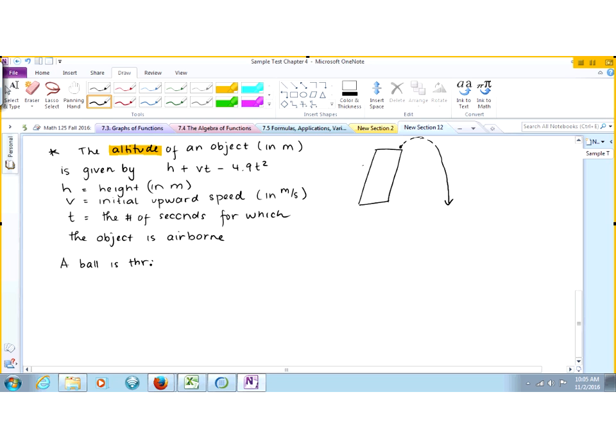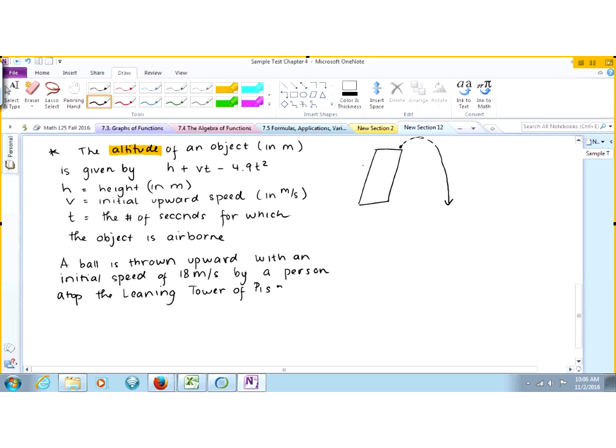So a ball is thrown upward with an initial speed of 18 meters per second by a person, or maybe that's me, atop the Leaning Tower of Pisa.